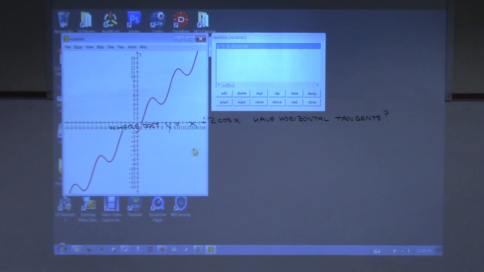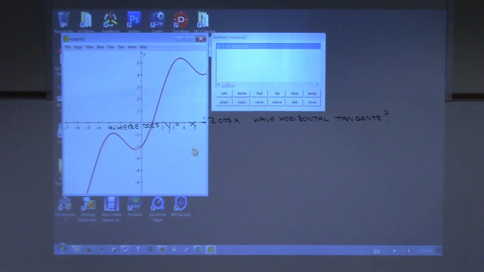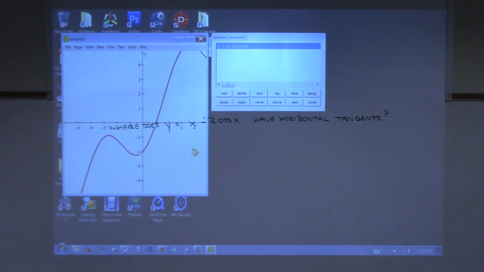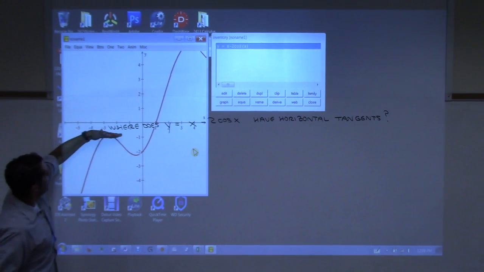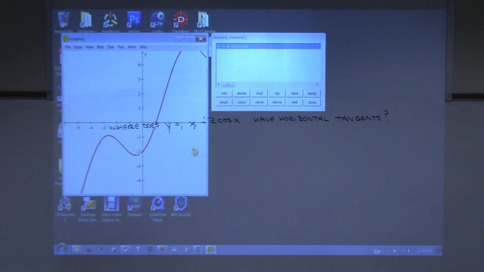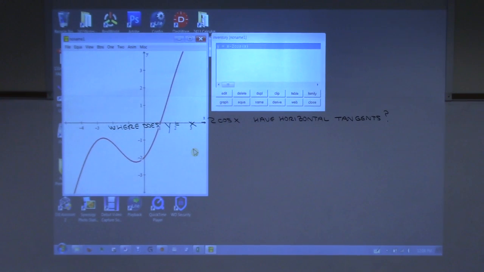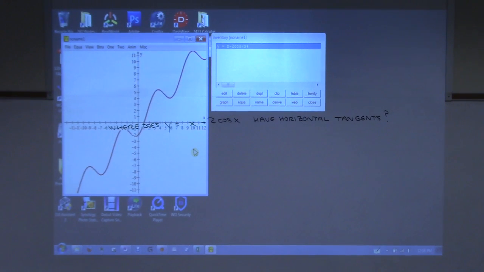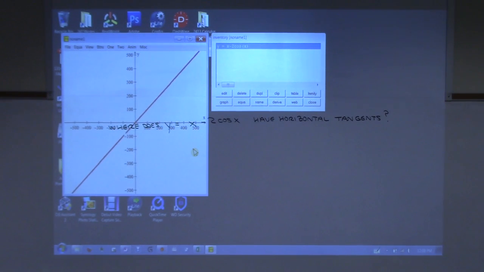Oh, crap. So I was zoomed in there, and when I say horizontal tangents, what I mean is where do you have flat tangent lines, right? Flat here, flat here. It looks like we only had 2 answers, and then I zoomed out. And when I zoomed out, we realized that there are infinitely many places where that happens.